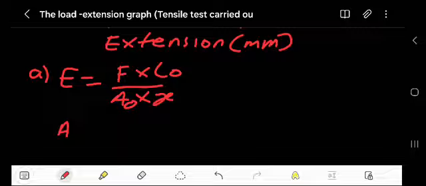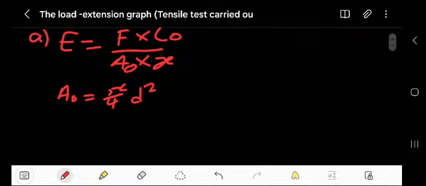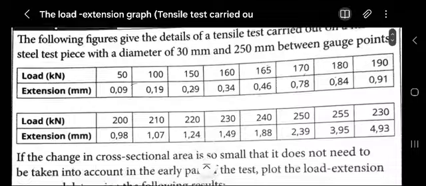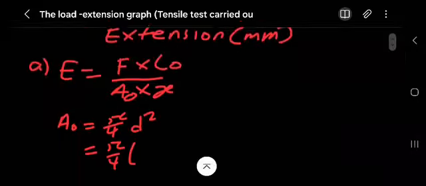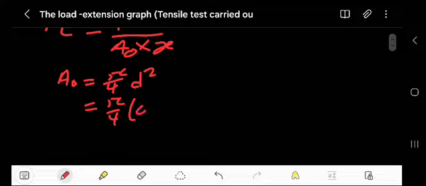Original area will be pi over 4 d squared, whereby we'll use the test piece. What is tested? The one that you've given of the test piece. Here it is. Diameter is what? 30 divided by 1000, that is 0.03.